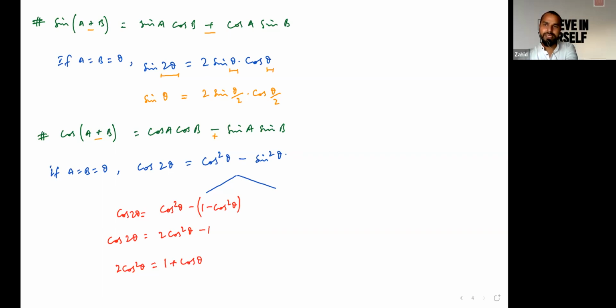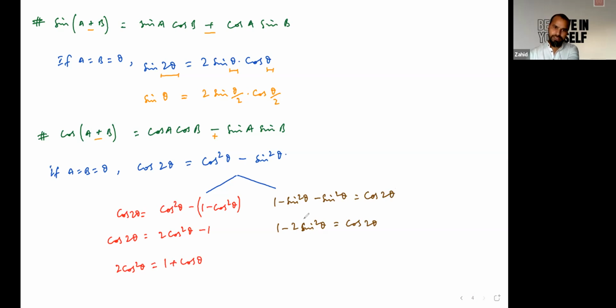Similarly, if we convert cos square theta in terms of sine square theta, it would be 1 minus sine square theta minus sine square theta. Minus minus becomes 2 times. So it would be 1 minus 2 times sine square theta equals cos of 2 theta.